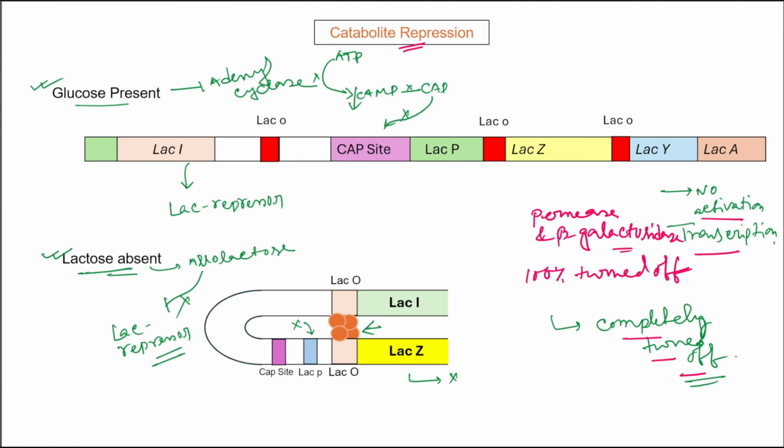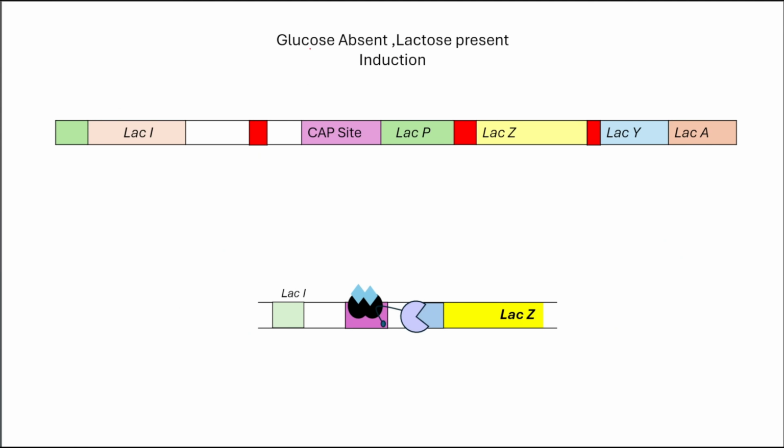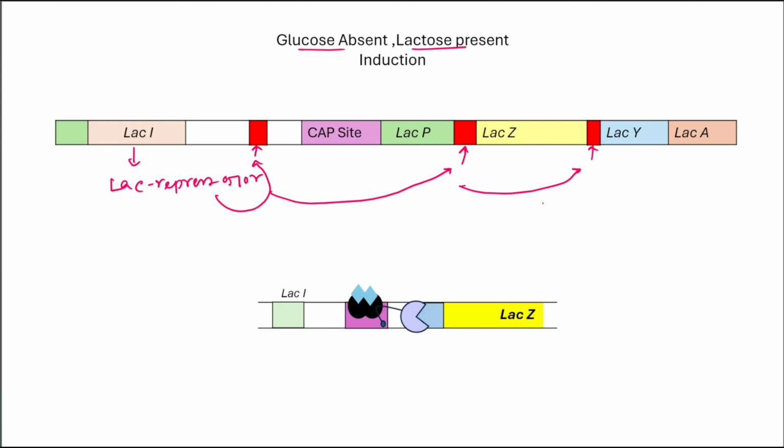So if the glucose is absent and lactose is present, then what will happen? So the lacI gene expresses the lac repressor. So this lac repressor can bind in the lac operator site. This is the operator site, this is the operator, and this is also an operator. So the lac repressor can bind in the operator site, but lactose is present.